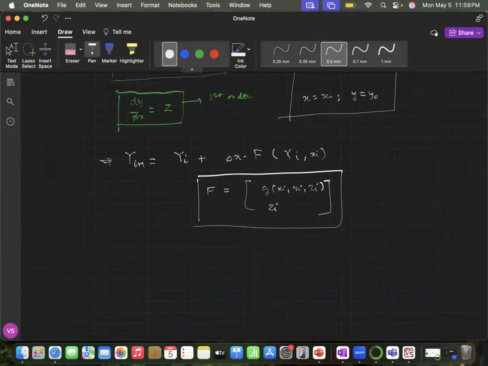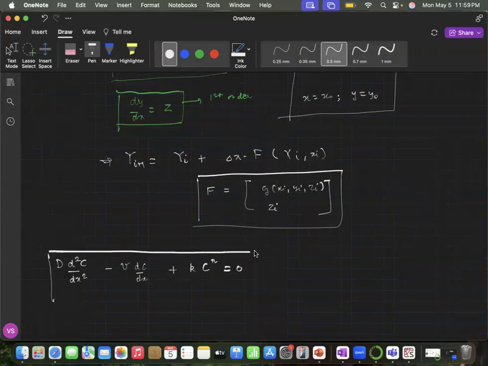We have all come across the diffusion convection equation: d second c by dx squared minus v dc over dx plus some rate term, let's just call it k c to the power n, equals 0. This is a diffusion convection equation. Once again, this is a second order ODE.